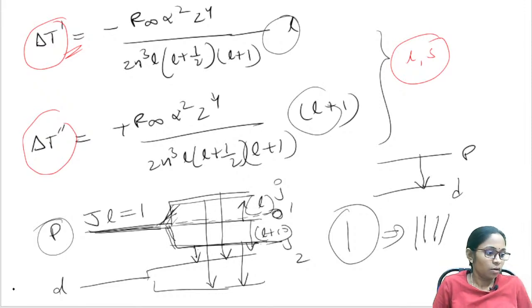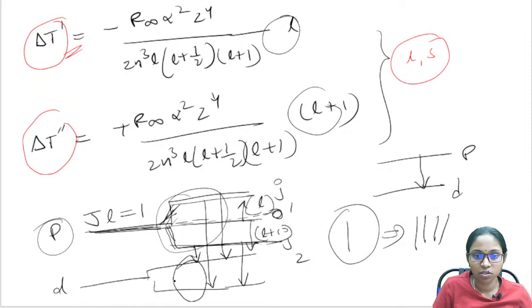Here the electron transition takes place from these two energy levels to these two energy levels. Initially the transition takes place from a single orbit to one more single orbit, but because of the spin orbit interaction, the number of transitions of the electron increases. Here only one transition takes place; here we have 4 different transitions.